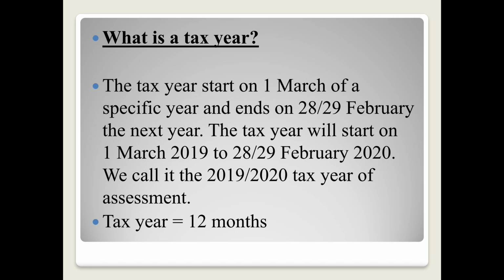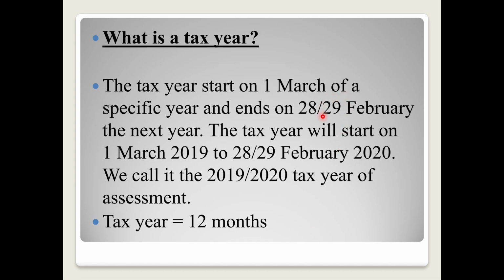So then we also need to understand a tax year. So what is a tax year? A tax year starts on the 1st of March of a specific year, that is now for SARS, and ends on the 28th or the 29th of February of the following year.